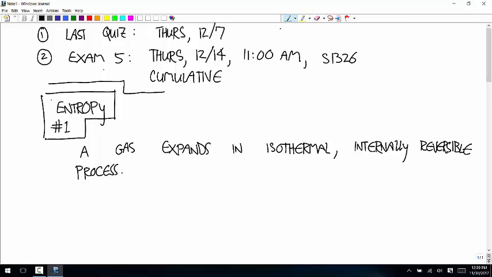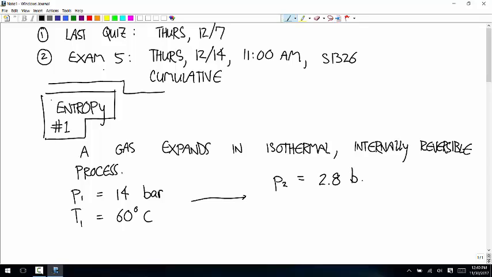It starts at P1 of 14 bar and temperature 1 of 60 degrees Celsius. And the process takes it to pressure P2 of 2.8 bar.